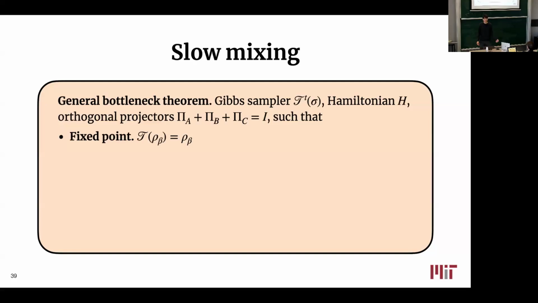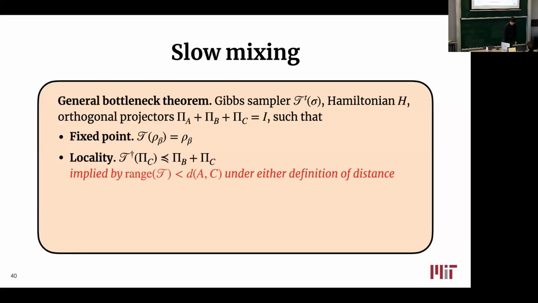The first assumption is that our Lindbladian, or this map T, has a unique fixed point at rho beta. This is something I told you about earlier. It's not too surprising. I'm going to write the locality assumption now in this more general way. It suffices to say that the distance between your regions is larger than the range of the map under either of the definitions of distance we presented earlier.